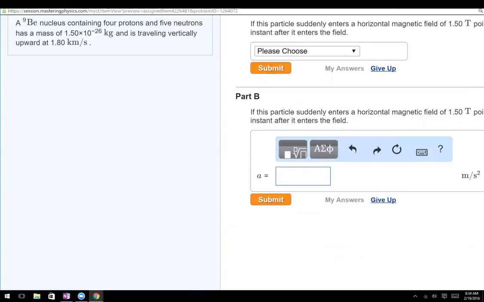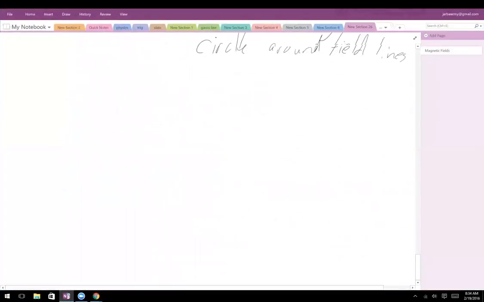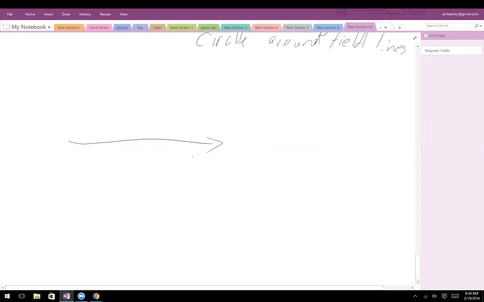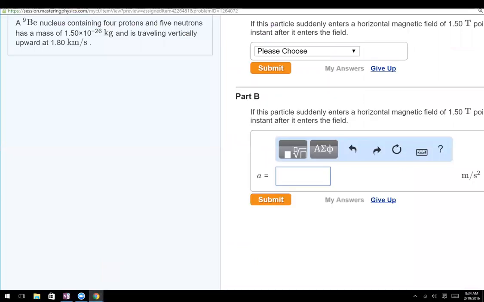So it's the same picture that we've drawn several times now. Magnetic field's going that way. It's traveling that way. So v cross B goes straight into the board, which if that's east, straight into the board would be north. Does that sound right? Yeah, that's what I would say. North.